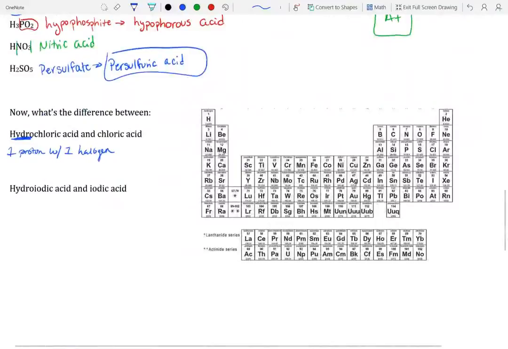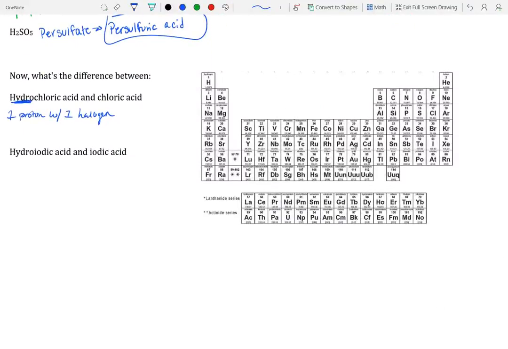It's just 1 proton with 1 halogen, no oxygens. No polyatomic ions. So when you see hydrochloric acid, maybe I shouldn't erase that. I don't know how to redo on this thing. Oh, here we go. 1 proton with 1 halogen. No oxygens.